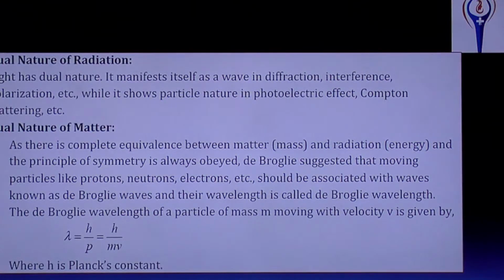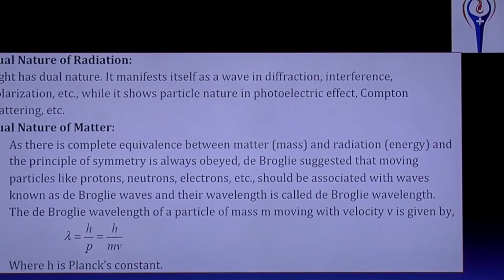Dual nature of radiation. Light has dual nature, a double role. What is the dual nature? Particle nature, and another one, wave nature. It behaves as a particle in one experiment, and shows wave nature in another experiment. If it is a particle, forget it is a wave, and if light is a wave, forget it is a particle.